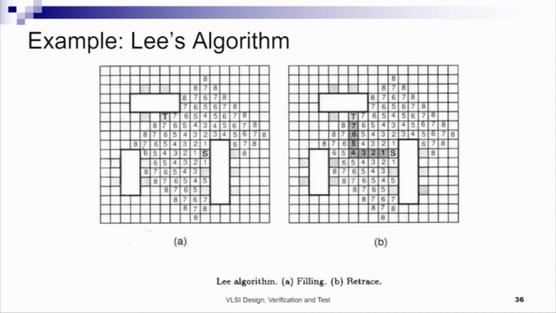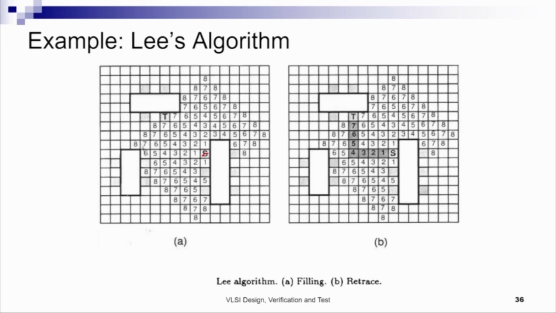So, let us take an example and see. Here is the source S. In the first phase there is a wave propagation, a breadth first search, and it happens in iterations.